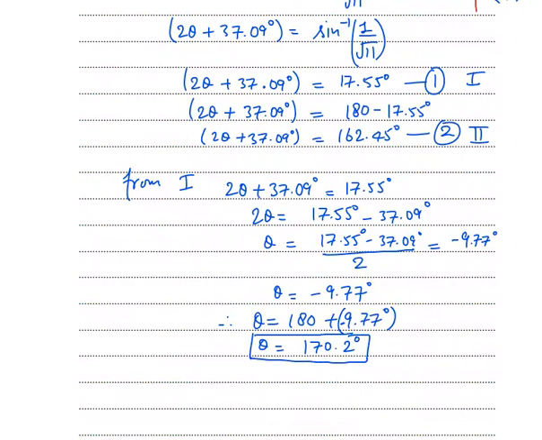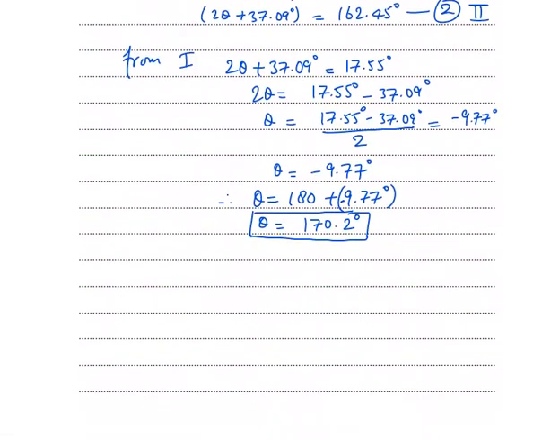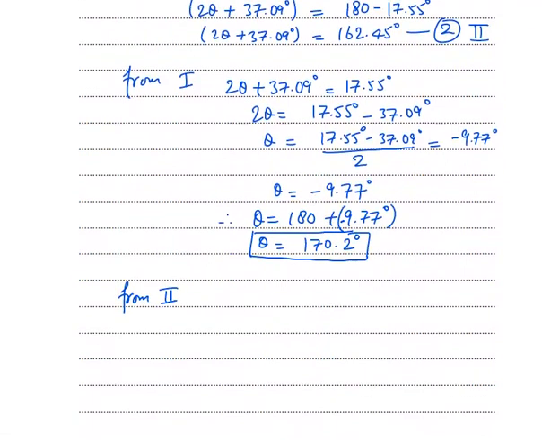Okay. Now from equation 2, we have 2 theta plus 37.09 degrees is equals to 162.45 degrees. Therefore, 2 theta is equals to 162.45 minus 37.09.